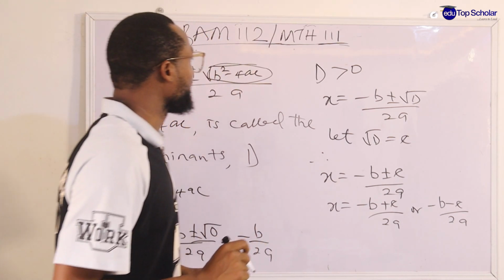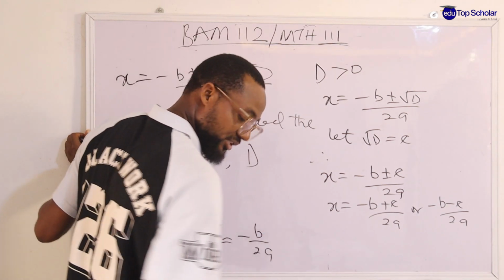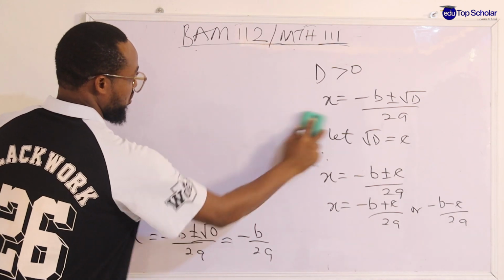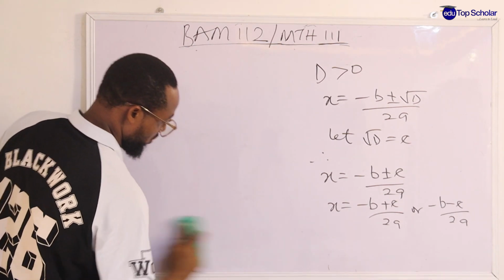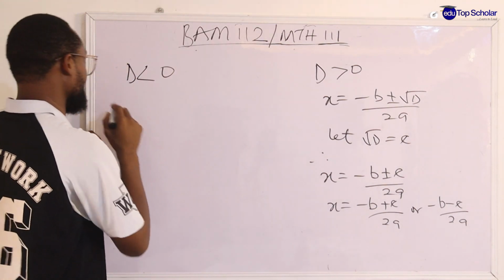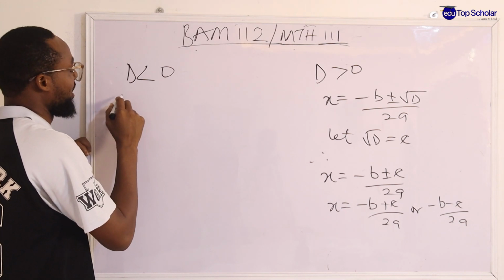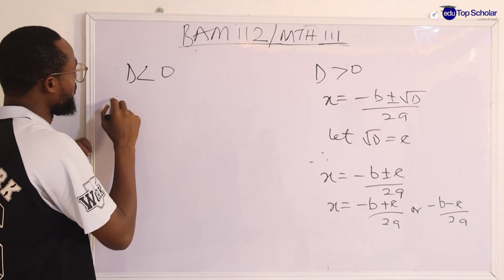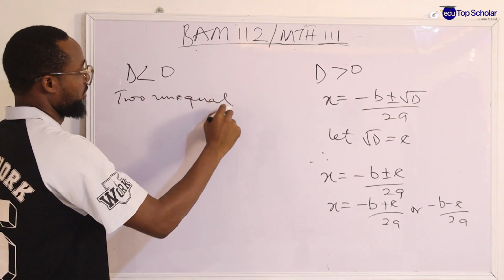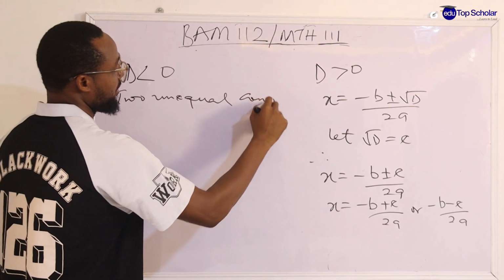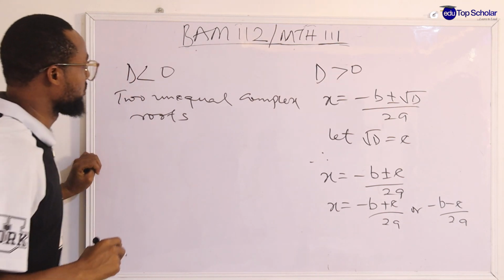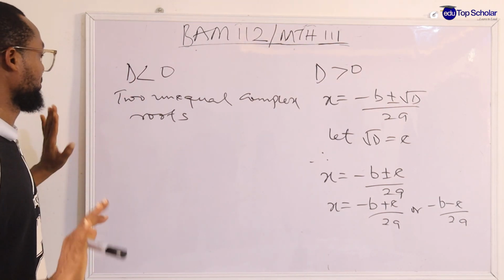The third form is when we have D less than 0. When D is less than 0, then we have two unequal complex roots, or we say we have complex roots.